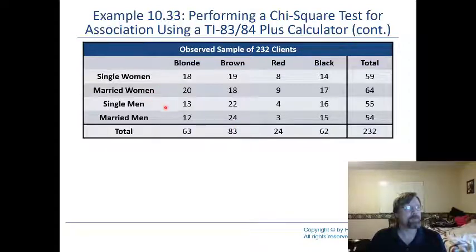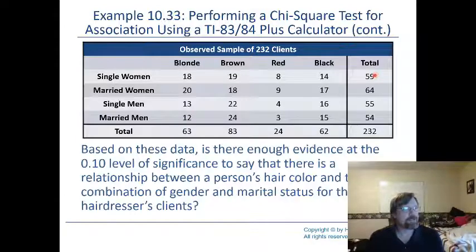So we've got four rows, 4 columns. We want to know if there's evidence at the 0.1 level of significance to say there's a relationship between a person's hair color and the combination of gender and marital status for this hairdresser's clients. So this is, again, specific for this hairdresser's clients.